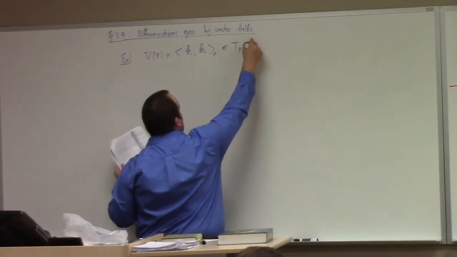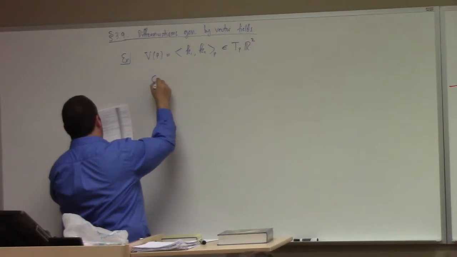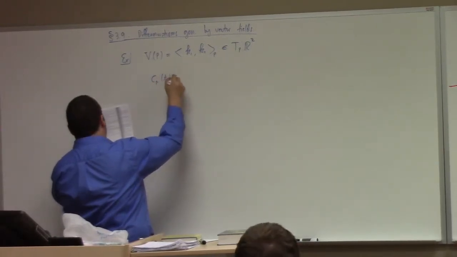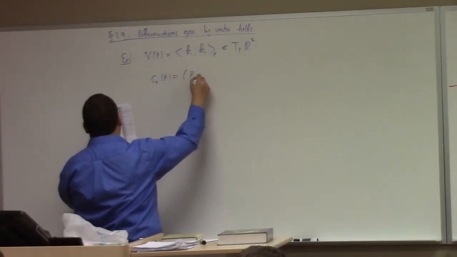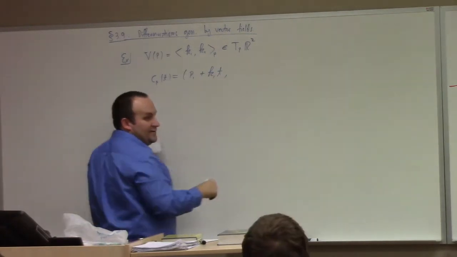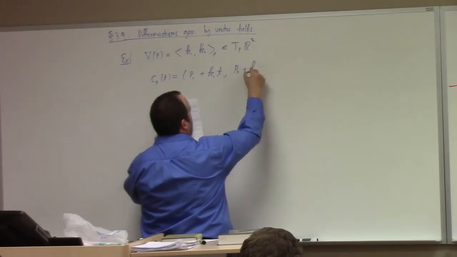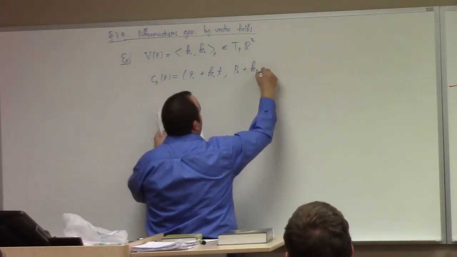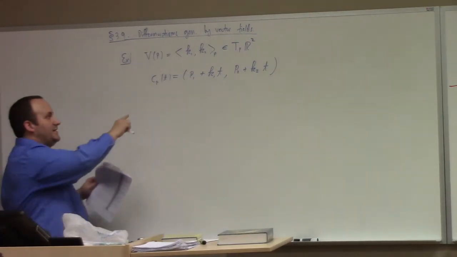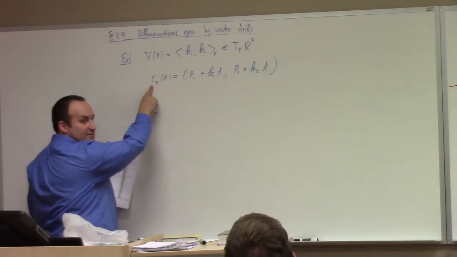So we found the integral curve through P at T was P1 plus K1 T, P2 plus K2 T. I think I did it in n dimensions over there, sorry about that. But certainly this is the two-dimensional version. You notice that he's put a subscript P on here to indicate the point dependence of the integral curve.